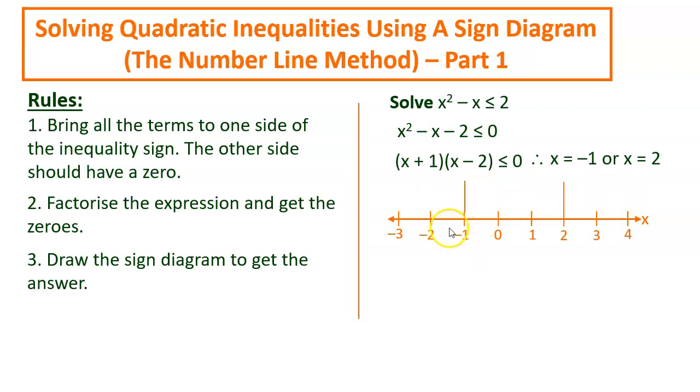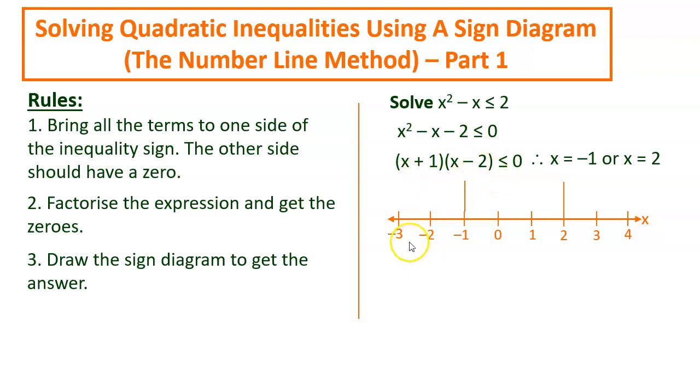And we will be taking a particular value from each of these subparts as the value for x, and we will be substituting in this factorized expression. We can substitute in this unfactorized expression as well, but it is easier to calculate if you substitute in the factorized expression, so we'll be doing that.